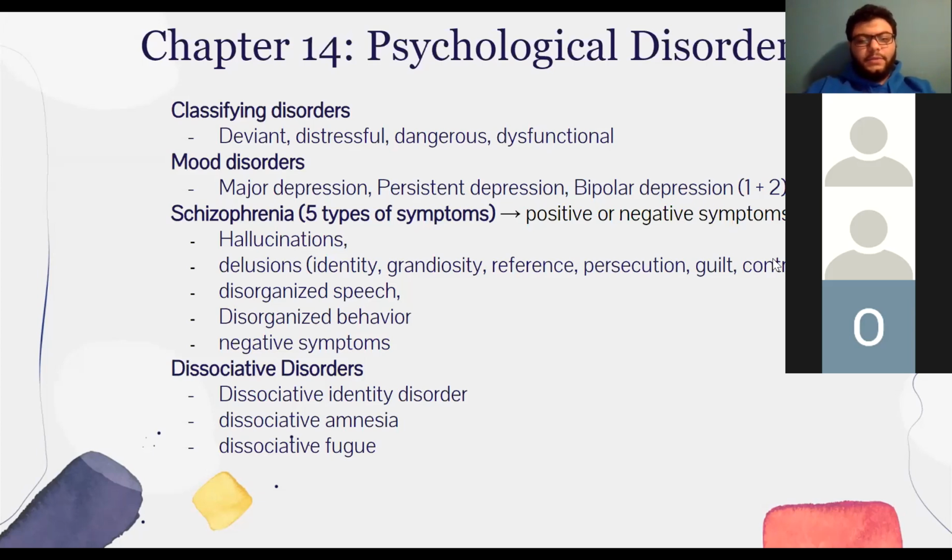And then negative symptoms would be anything like apathy or catatonia or anything that takes away from what the person normally is. So these 4, disorganized speech, disorganized behavior, delusions and hallucinations are positive symptoms, and a negative symptom is anything that takes away.